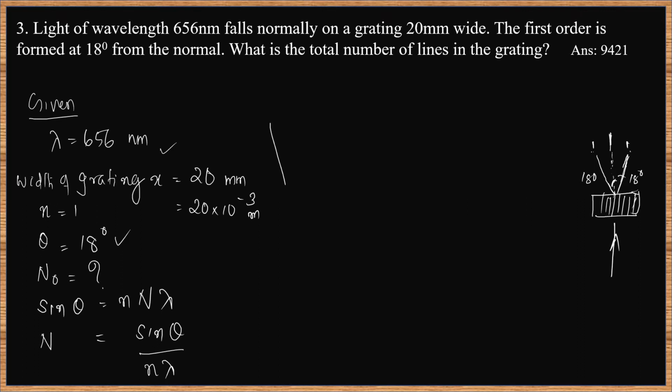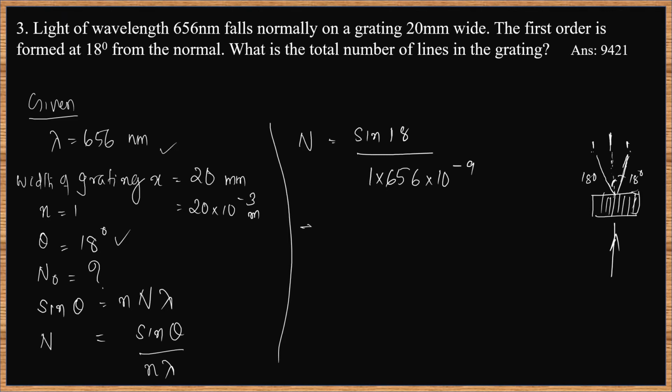So n is equal to sin 18 divided by 1 into lambda, 656 into 10 raised to minus 9 meter. Sine 18 you have to find from the calculator.